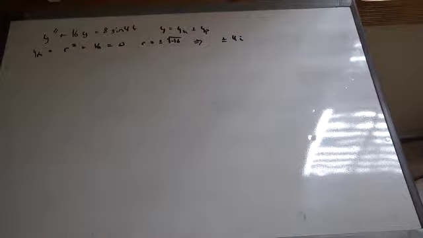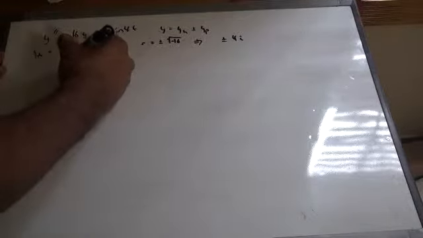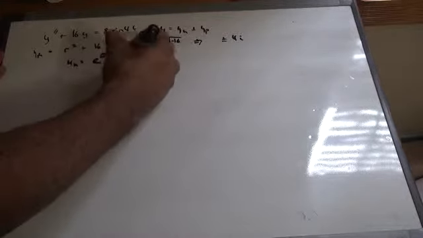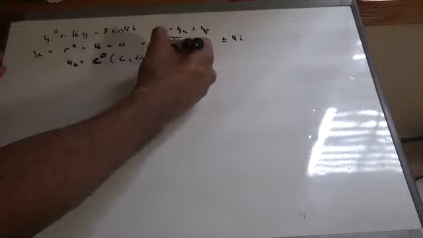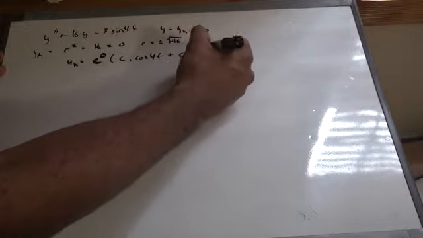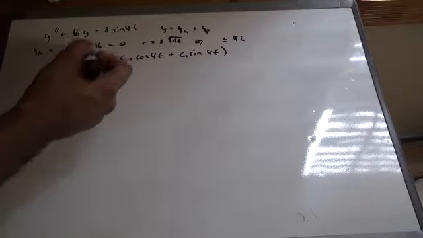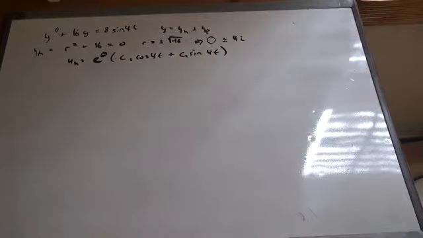So we have a complex solution that goes into y homogeneous equals e to the 0 times c1 cosine 4t plus c2 sine 4t. And we have 0 there because the real part here is 0.